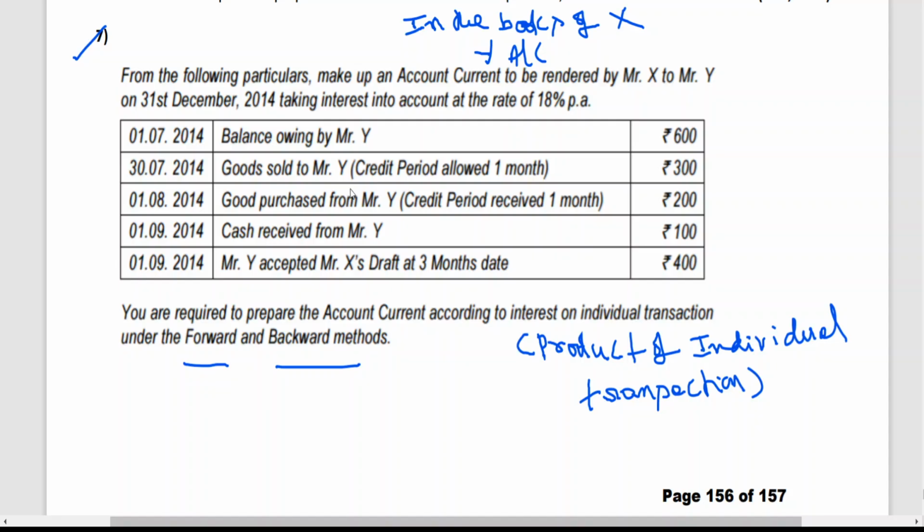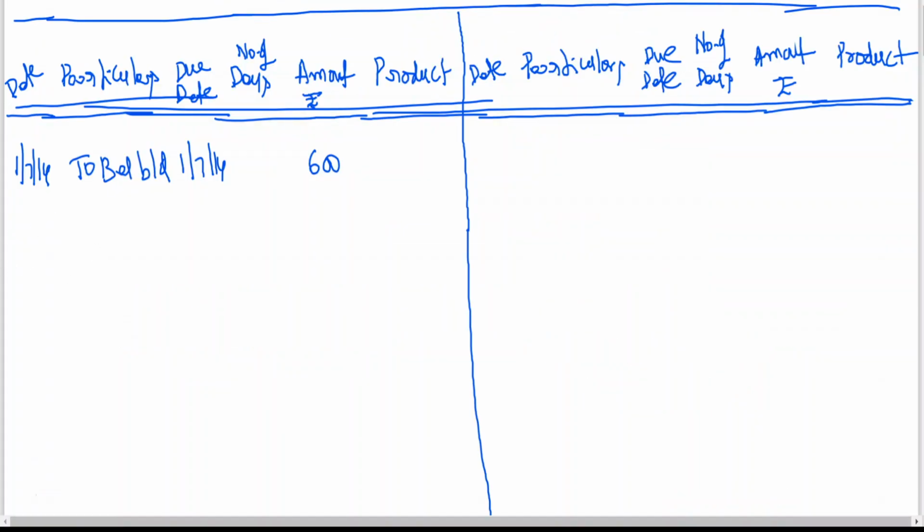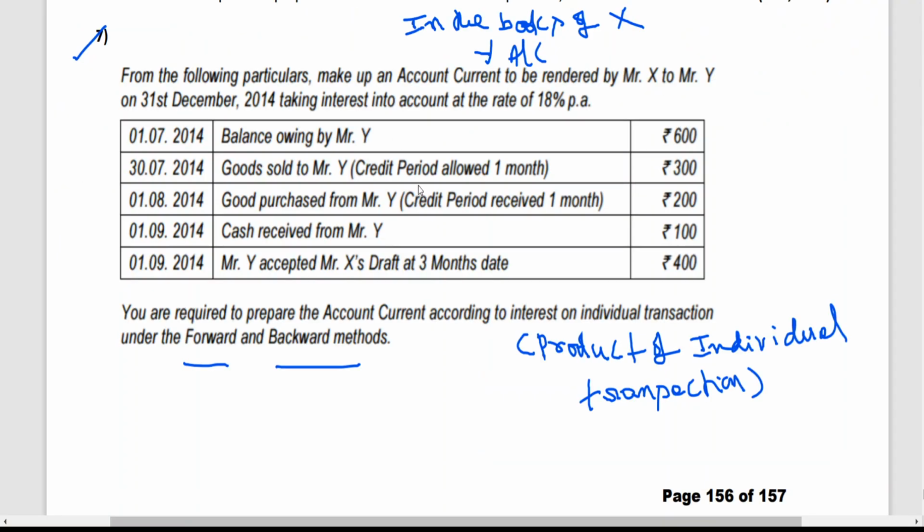Goods sold to Y, credit period allowed 1 month. Goods sold to Y means entry Y account at R to sales. Date 30th July, to sales account. Here he is saying credit period is allowed, and only goods sold, so there is no need to add 3 days.